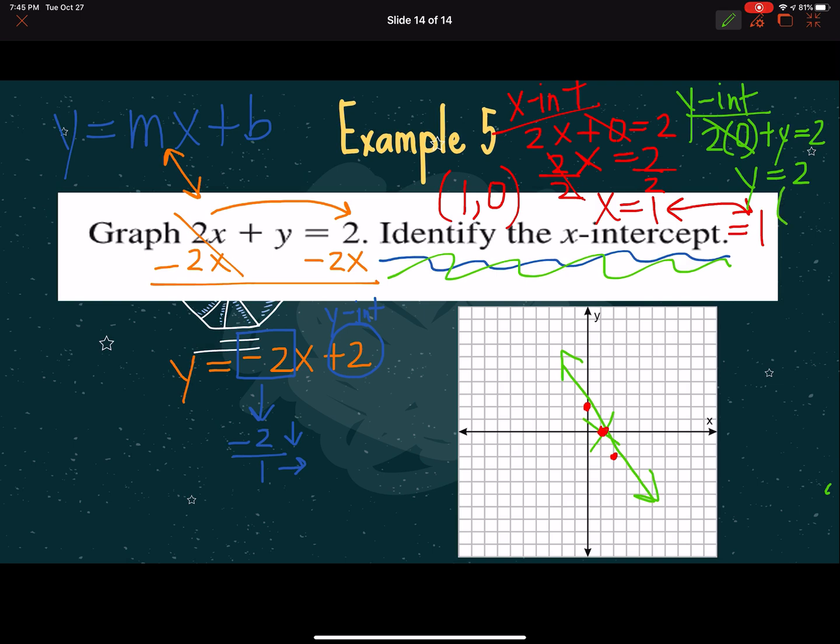So that ordered pair would be 0, 2, which is also already on the graph. So we could actually graph this one of two ways: by changing the equation into slope-intercept form and graphing with our y-intercept and our slope, or substituting 0 in place of our x and y and determining what the x-intercept and y-intercept is to graph as well.